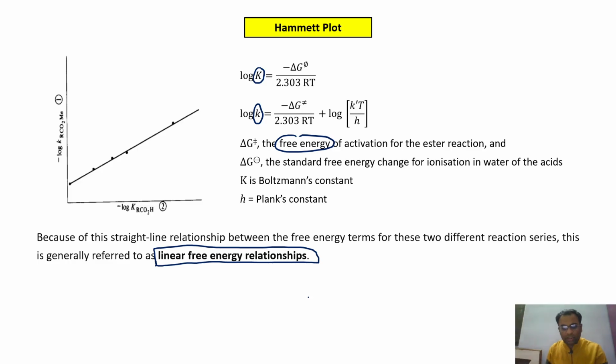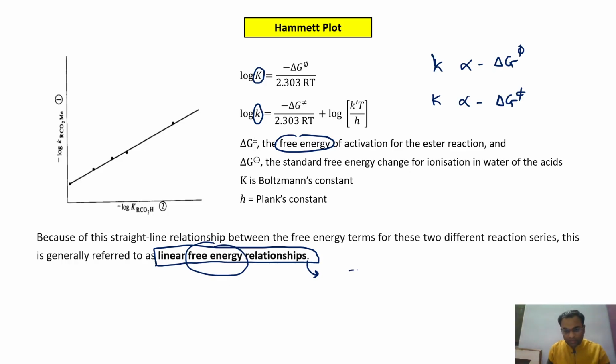And as both small k and capital K are related with the Gibbs free energy, this relationship is referred to as a linear free energy relationship.